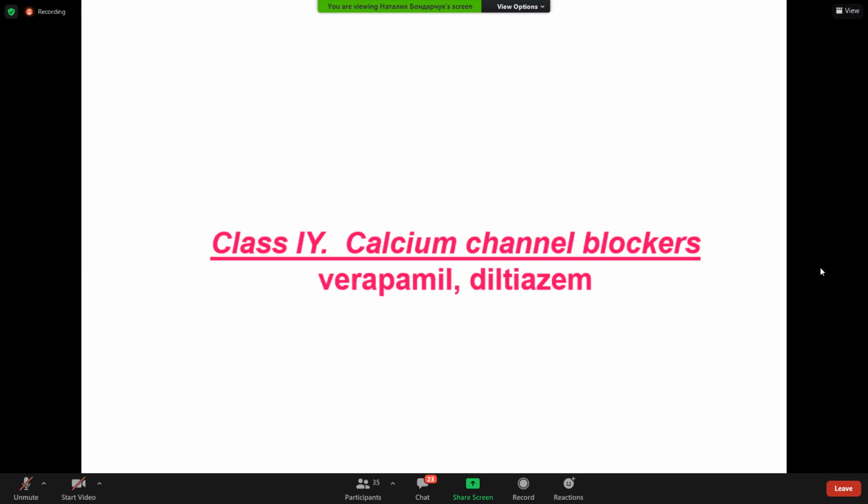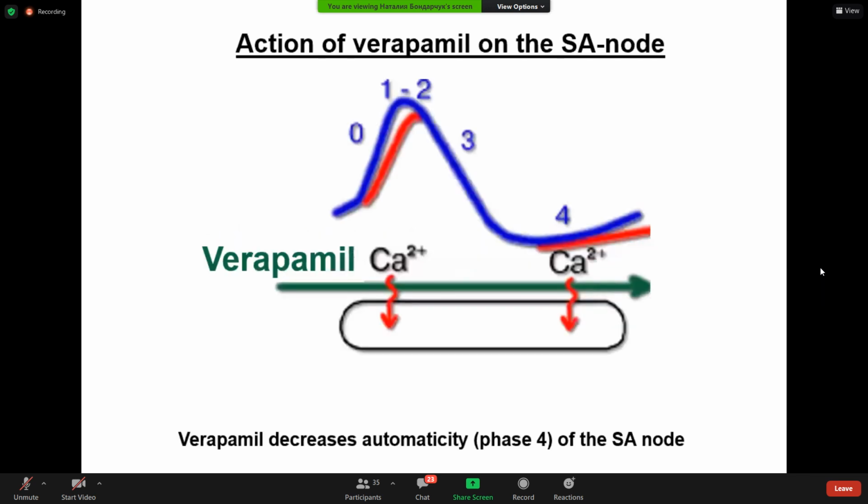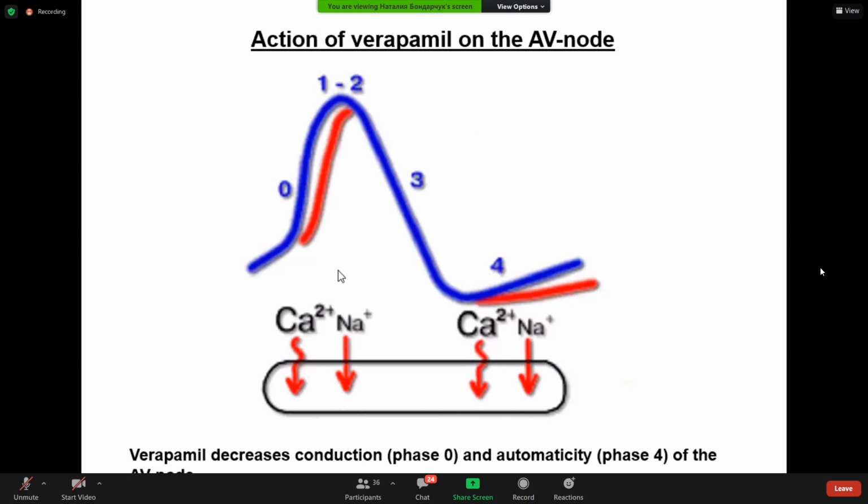Next group of drugs, calcium channel blockers: verapamil, diltiazem. Action of verapamil on the sinoatrial node. I will remind you that calcium ions play a major role in the action potential of the sinoatrial node and AV node.